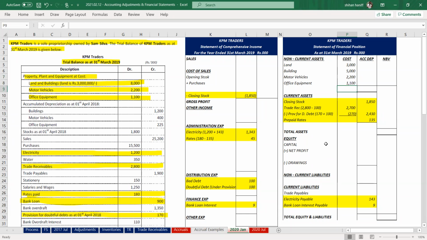Equipment 1,100. Total 11,300. This is the cost. So once you identify the cost, you need to calculate the depreciation. Land, we don't depreciate, so you can keep the land as 3,000.